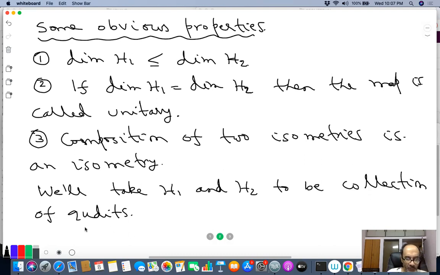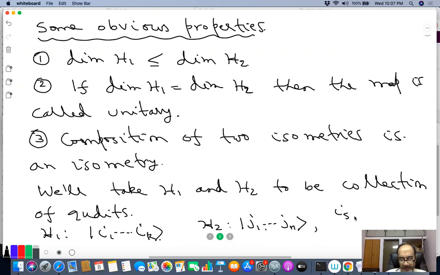Which means that the basis of H1 we can take to be I1 to Ik, and the basis of H2 you can take to be, say, J1 to Jn, where the Is and Js, each of these indices, take values from 1 to d. And so the map then is from H to the k to H to the n. So this is our H1.